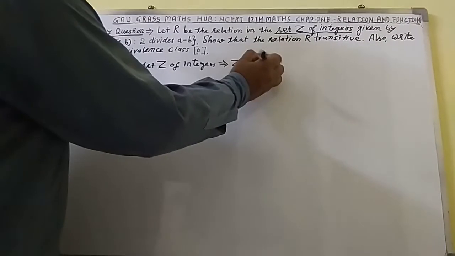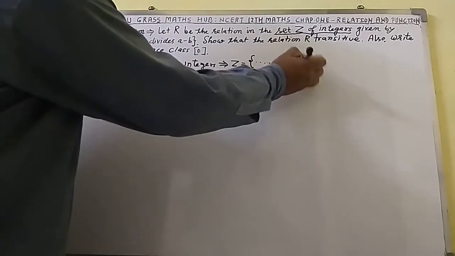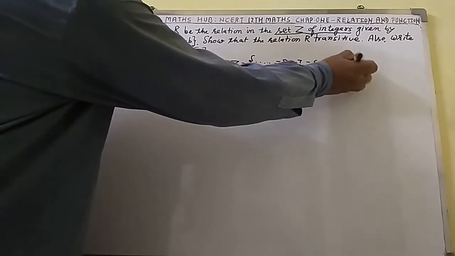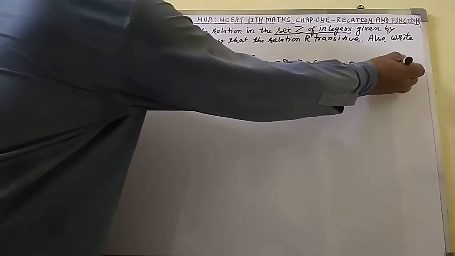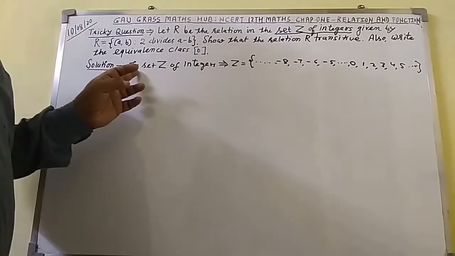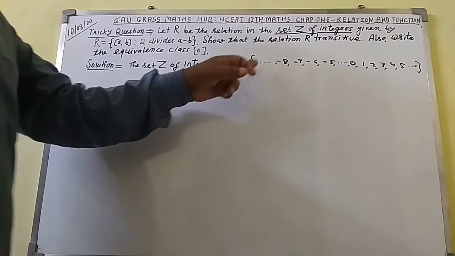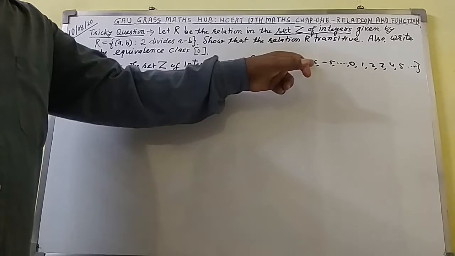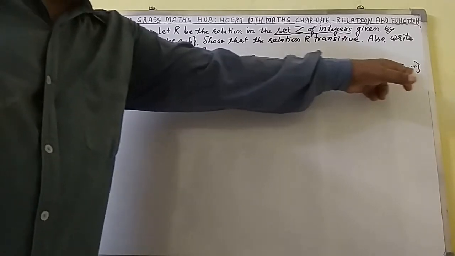So here you can write Z equal to curly bracket dot dot, -8, -7, -6, -5, and like this 0, 1, 2, 3, 4, 5, it will go on.